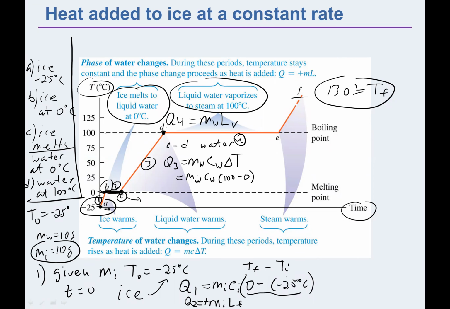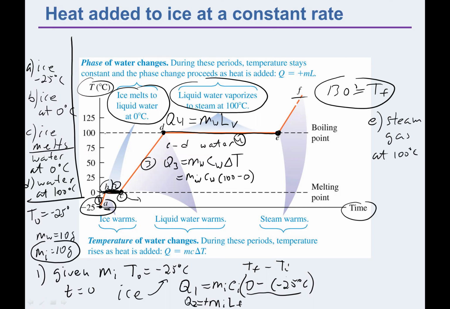And you can see it takes a longer time and much more energy than just melting the ice. So it takes longer to vaporize water than it takes to melt the ice, and more energy, obviously. All right, once I add enough energy to completely boil the 10 grams of water into 10 grams of steam, then at point E I have steam, or gas, at 100 degrees Celsius.